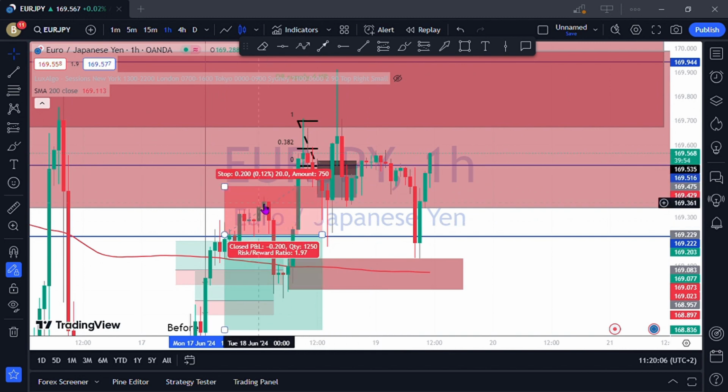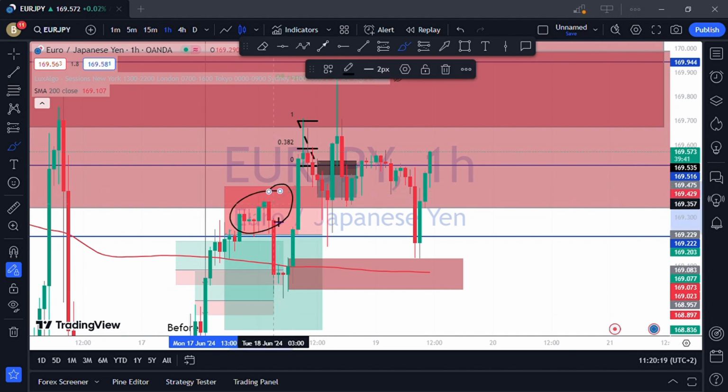And then the other reason why I entered it was because of the previous resistance, the role reversal rule applies. Because this resistance was here, it had to become a support in the future. So you can see that my entry reason was strong because of these two factors.